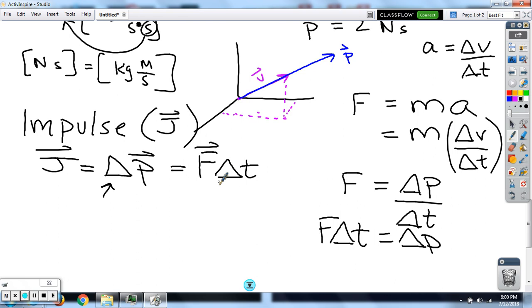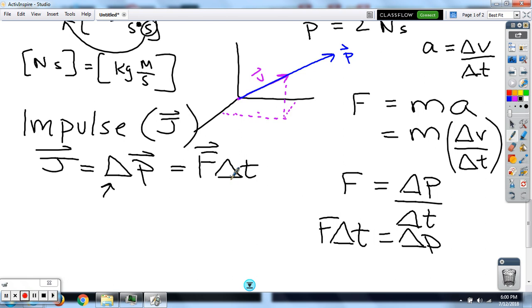So if you're kicking a football, the impulse on the football is going to be the force that the ball experiences while your foot is in contact with the ball, over the period of time that those two objects, the ball and your foot, are in contact with each other.